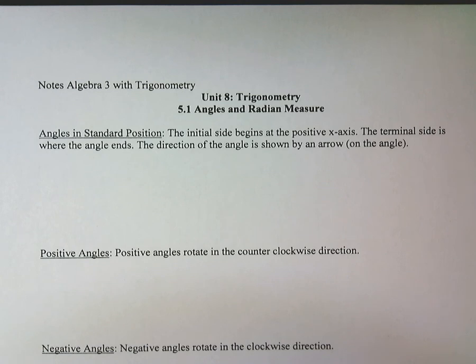Some of this you've had, and some of it is brand new. The new part for most of you is thinking of angles other than just a triangle. So we're going to talk about angles that have nothing to do with triangles to begin with. An angle that's in standard position is going to be graphed on an XY coordinate plane.